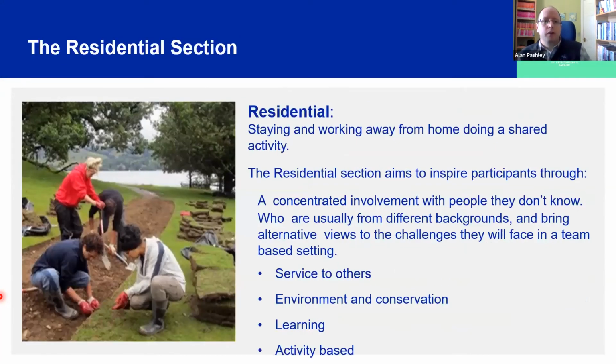So the residential section that we mentioned earlier, you can think about doing an activity-based one. This is where young people will go away with other young people that they don't know, and they've probably come together from different backgrounds. There's an image on the screen there that shows some young people doing some conservation work. That's really quite popular.